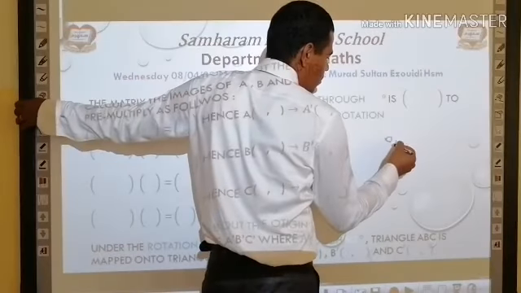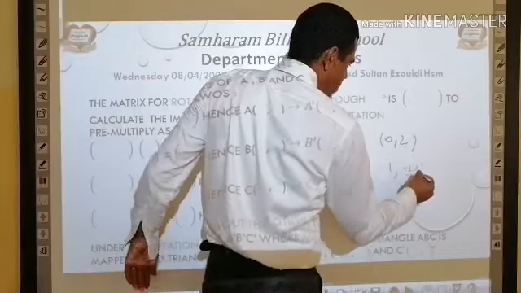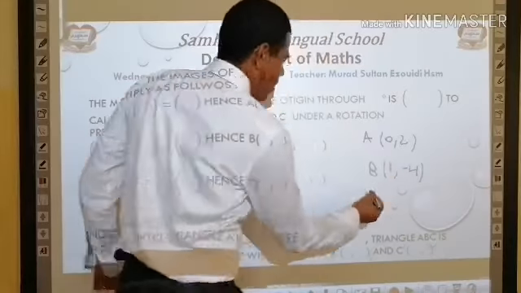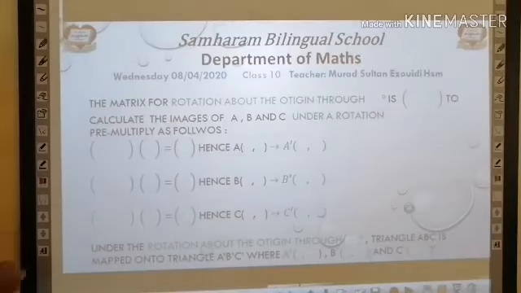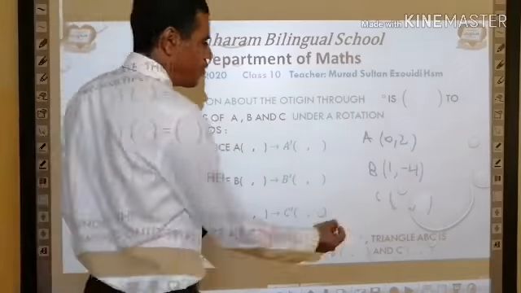This is A, this is B, and the coordinates of the point C is 1, 3.